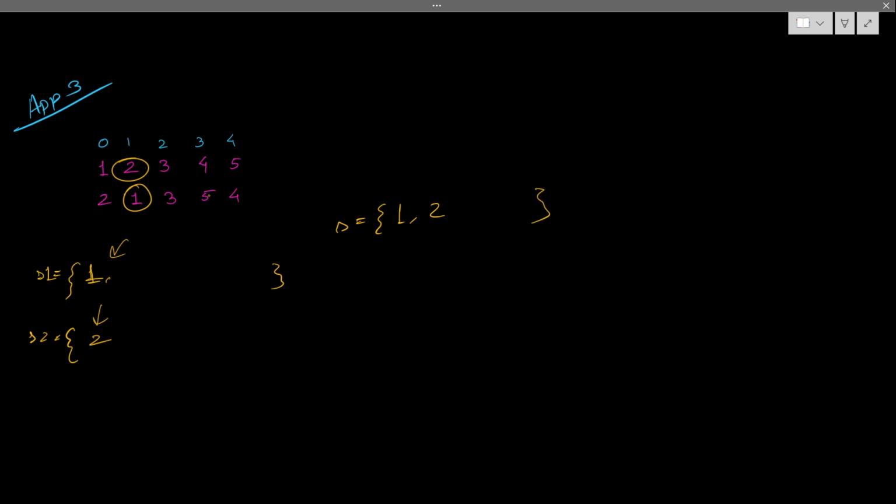How could I say this for 1 and 2? If 2 is present in the set, and I am currently at this index, where nums1 of i is 2, that means this 2 does not belong to me.